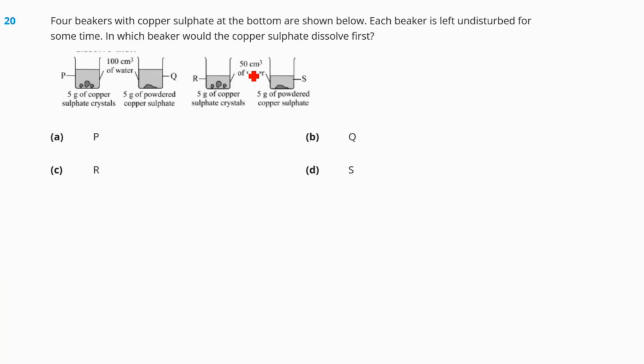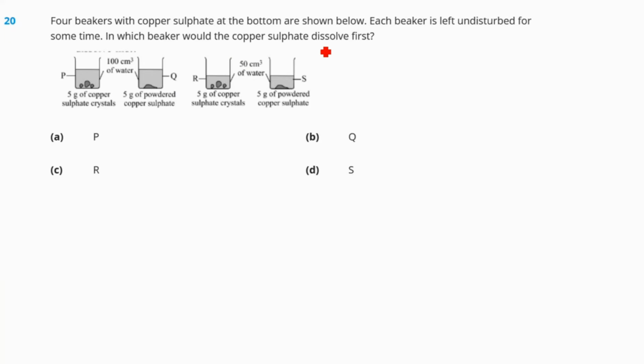This is R. There is 50 centimeter cube of water in R and S, and in P and Q there is 100 centimeter cube of water. In Q it is powder form, in S it is powder form, and in P it is crystal form, and in R it is crystal form. So the question is, in which beaker would the copper sulfate dissolve first?